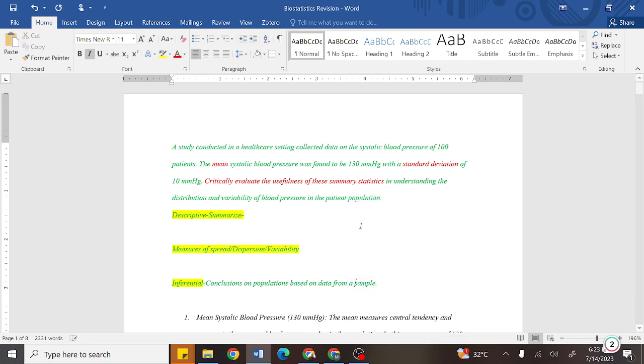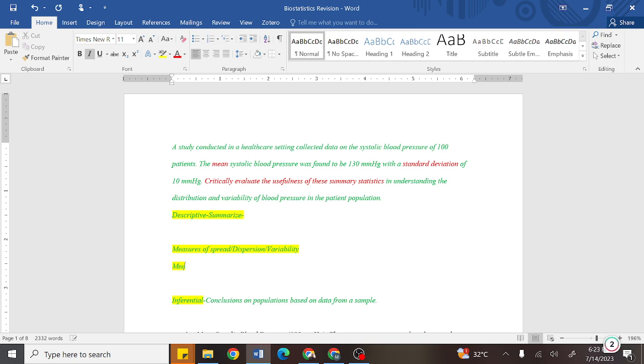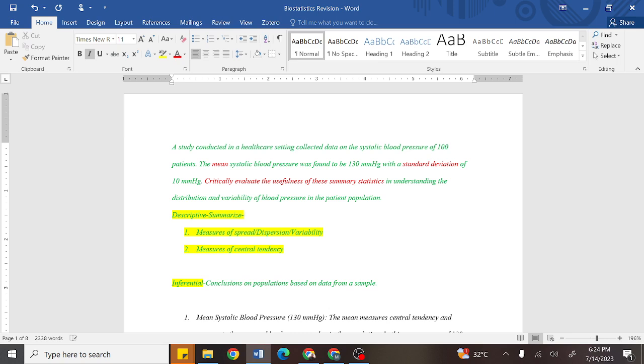Okay? The other branch is what we call measures of central tendency. So two things that we look at in descriptive statistics. So this question is actually under the measures of central tendency.